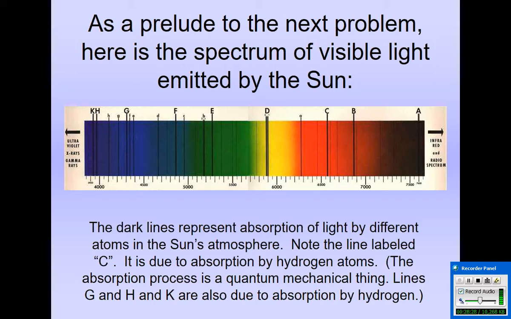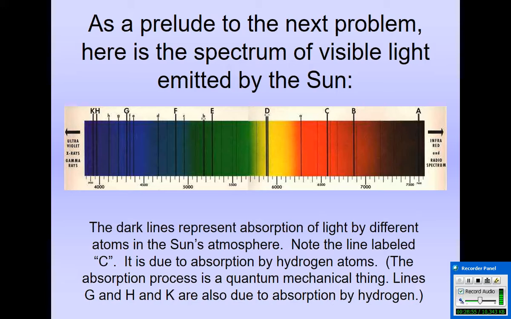And those gaps are due to the presence of certain atomic and ionic materials. So we see a particular spectrum that gives us information about the composition of the outermost portion of all things, the atmosphere of the sun.